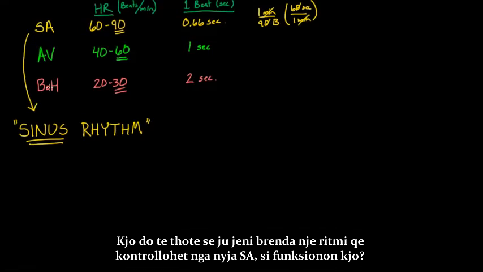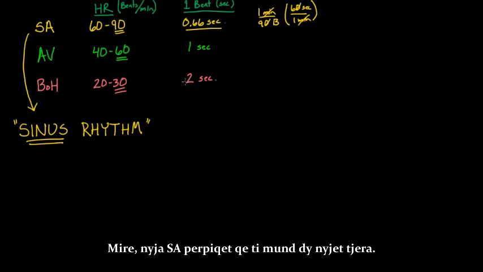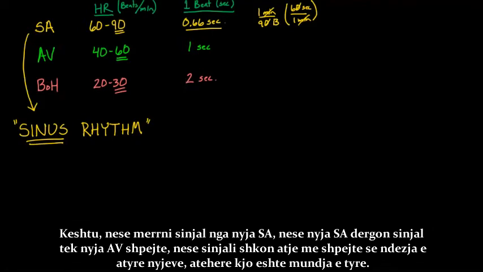So how does that work exactly? Because if it's firing every 0.66 seconds, that's fine. But how come these 2 other pacemaker cells aren't ever firing? Well, it gets back to basically trying to beat them out. So if you can get a signal from your SA node, this is your SA node from that drawing above, if you can get that signal to your AV node faster than it would fire, then you've beat it out.